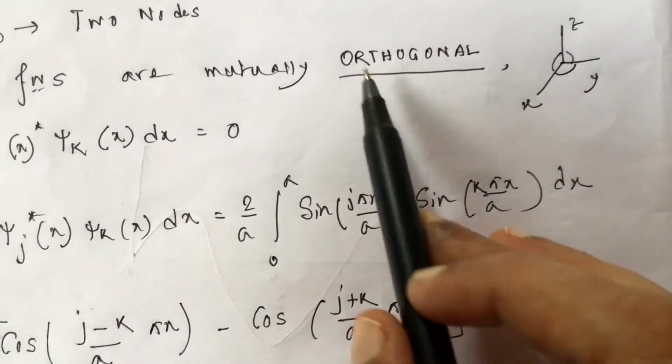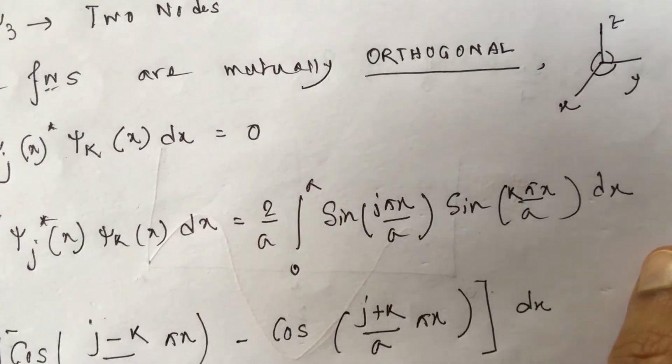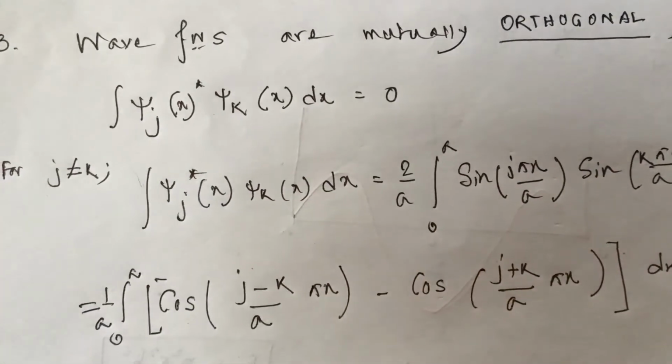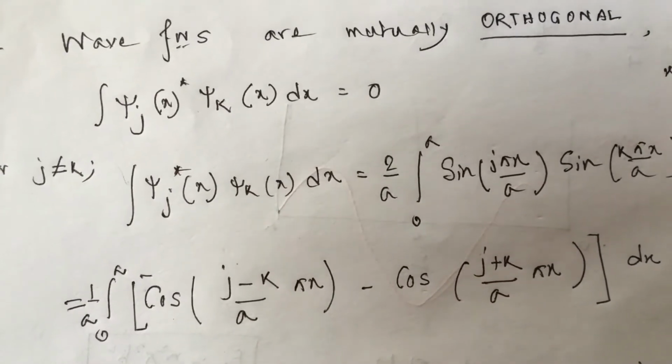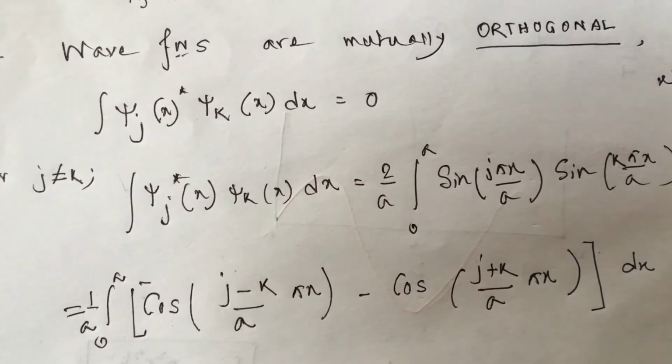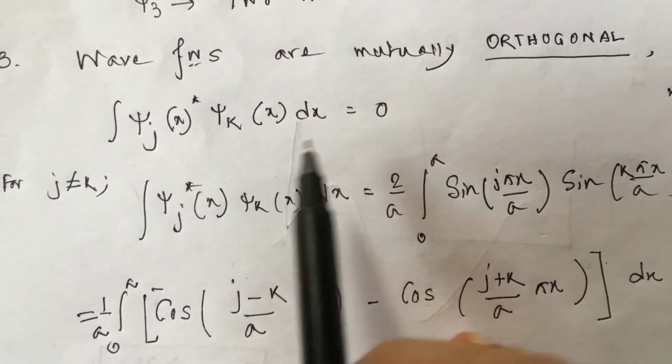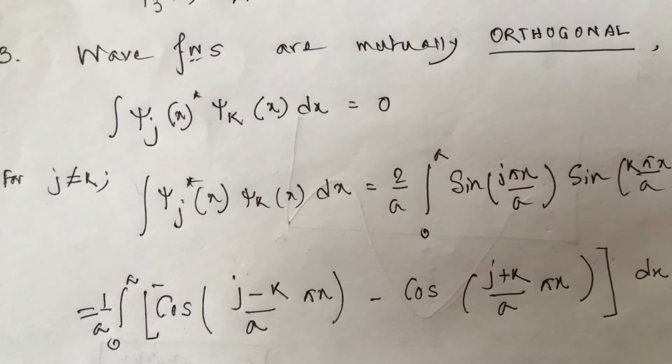So wave functions are mutually orthogonal means this condition is satisfied. And in vector notation, orthogonal means a dot b equal to 0. But here for the wave function, the condition looks like this.